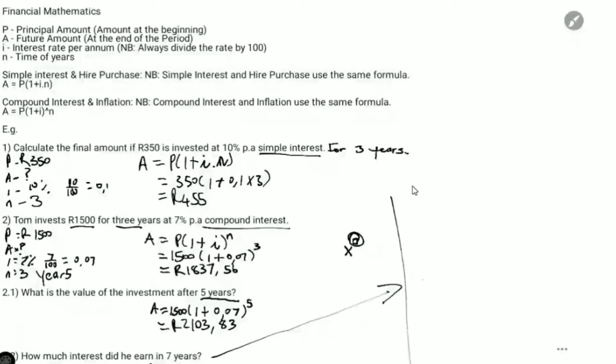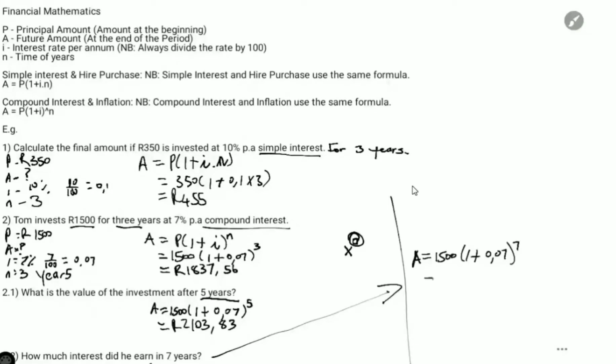A equals the amount at the beginning multiplied by 1.07. Remember, the interest rate has been staying the same all along. The only thing that's been changing is the number of years. So we're going to change the number of years now.